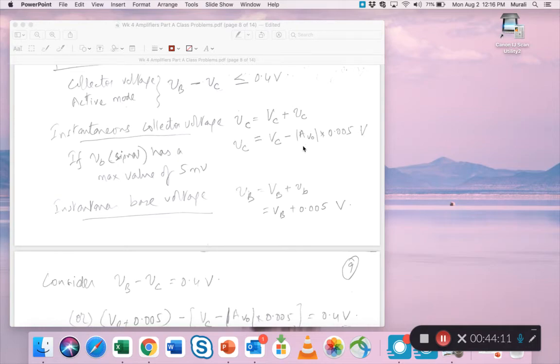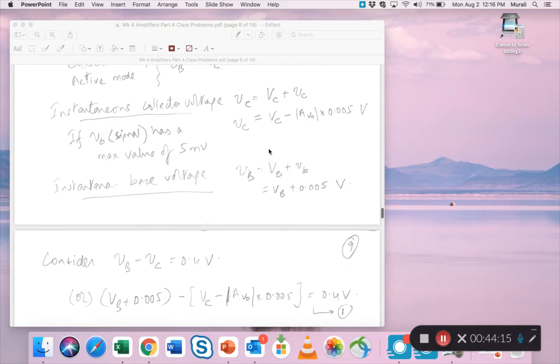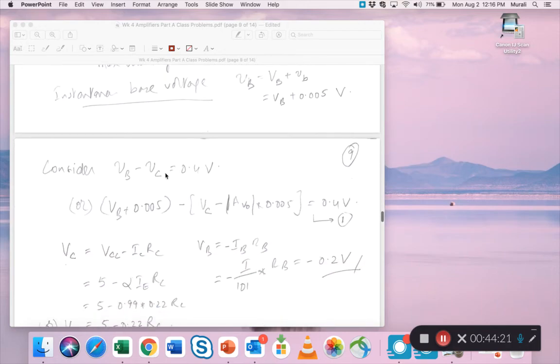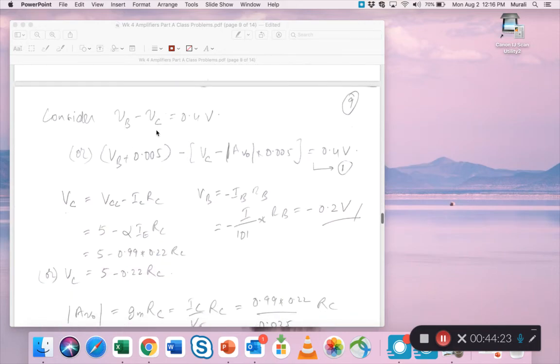This is the open circuit voltage gain. So instantaneous base voltage has to be this, corresponding to this.